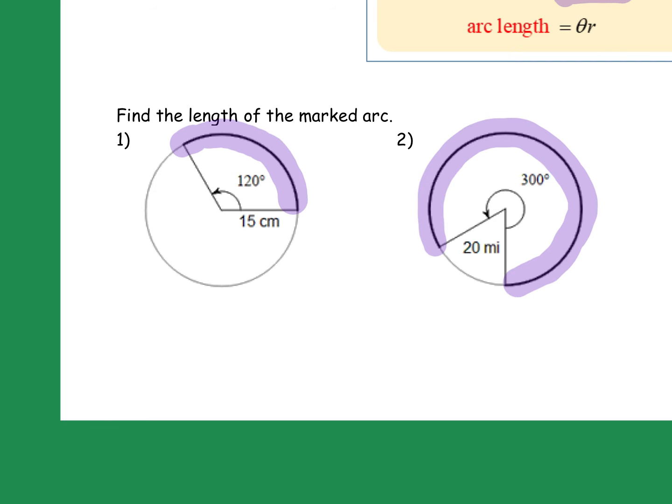So here we go. I'm going to take 120, and I'm going to call my arc length AL. Arc length is going to be 120 divided by 360 times 2 pi times my radius, which is 15.